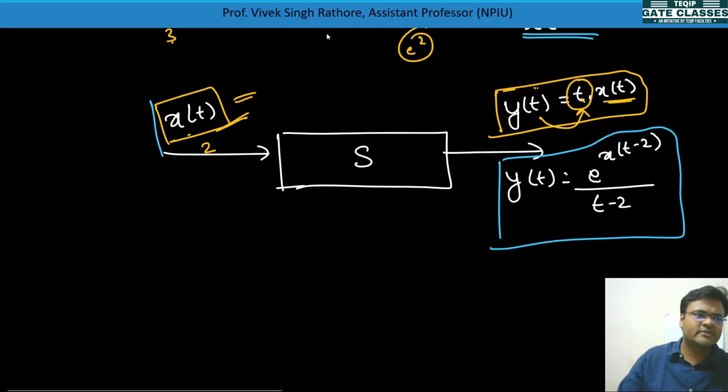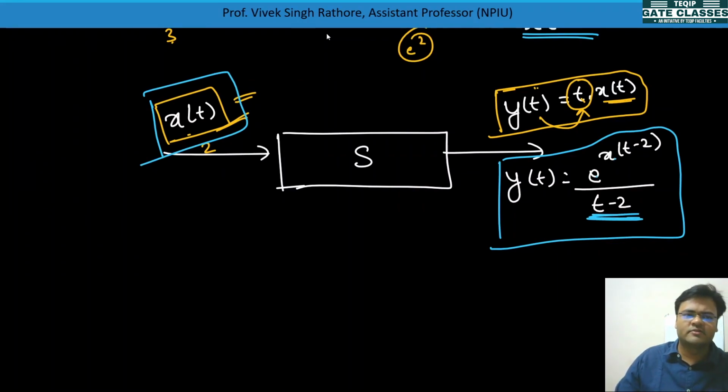Let's suppose your x(t) is a bounded signal, so e to the power x(t) minus 2 will also be bounded, but here t minus 2 is there. So if t is tending to, let's suppose, minus infinite value, then for this value also this system will be an unstable system, because it is not only dependent upon x, it is also dependent upon some other time factor.